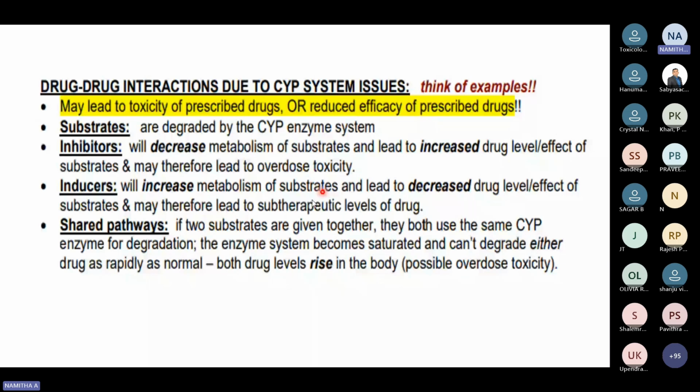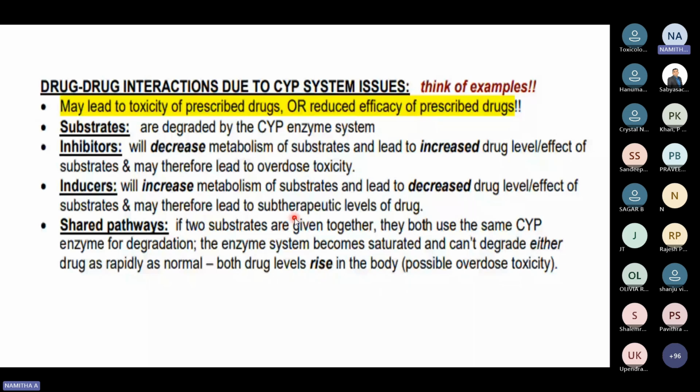Inducers increase the metabolism of the substrate and lead to decreased drug level or effect of the substrate, and may therefore lead to subtherapeutic levels. So inhibitors cause overdose or toxicity, while inducers decrease the drug level and cause subtherapeutic levels of the drug.